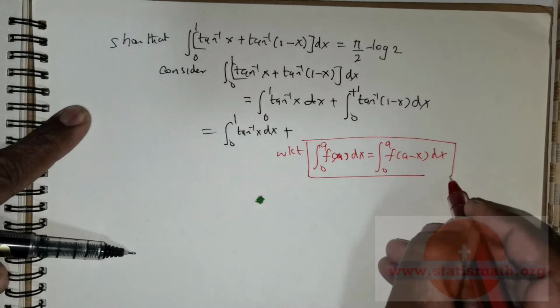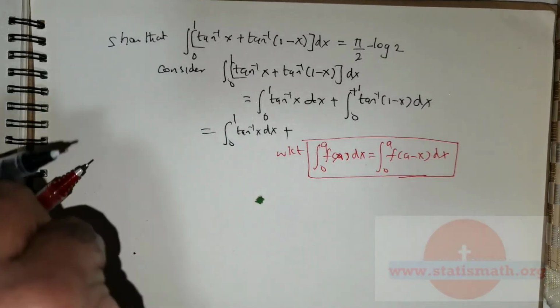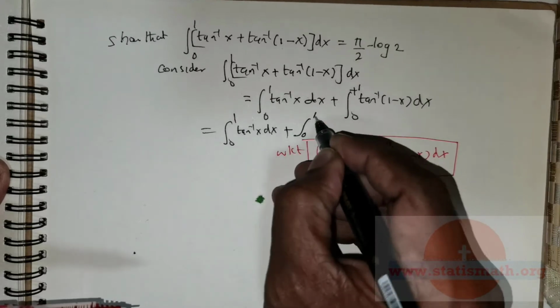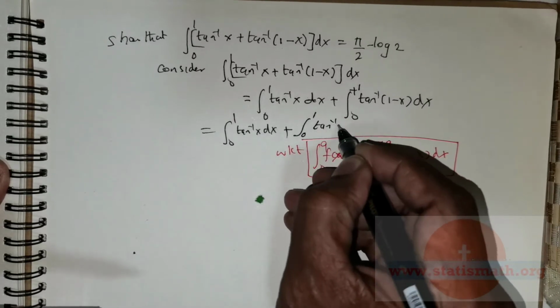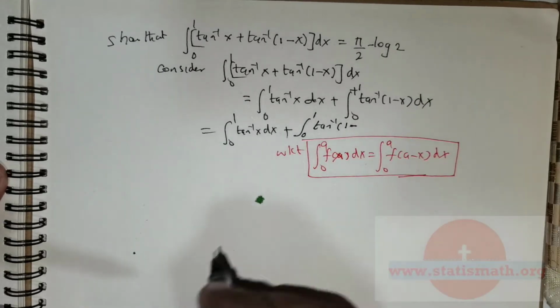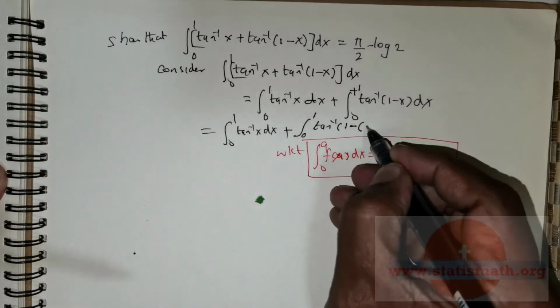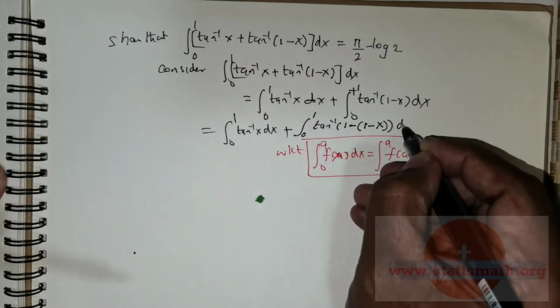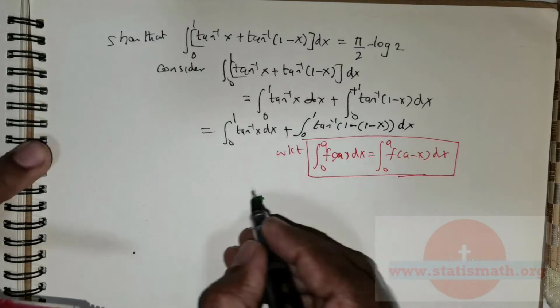Now since we know this formula, tan inverse of (1 minus x) can be rewritten as the integral from 0 to 1 of tan inverse of, in the place of x, we substitute 1 minus x, dx.